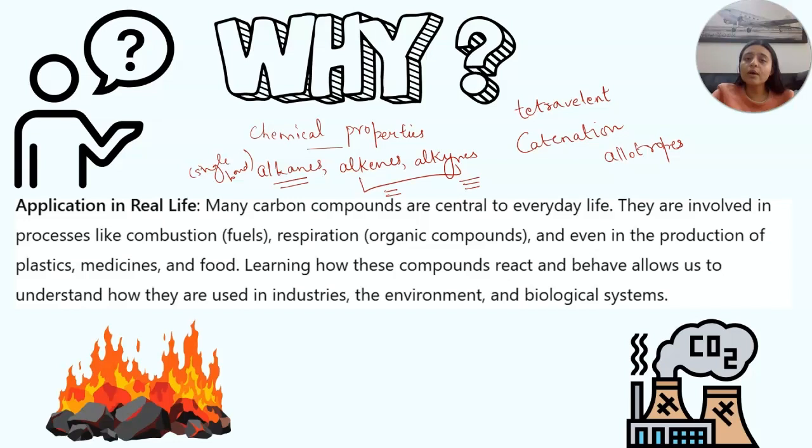So in order to know the applications of carbon compounds, we need to know the chemical properties as well, because if it's harmful for our society, we are not going to use it. That is why it becomes important to know the chemical properties of the carbon compound, and which element the carbon is getting attached to.